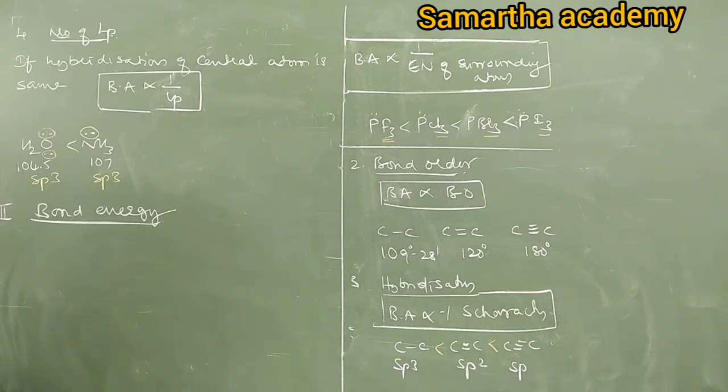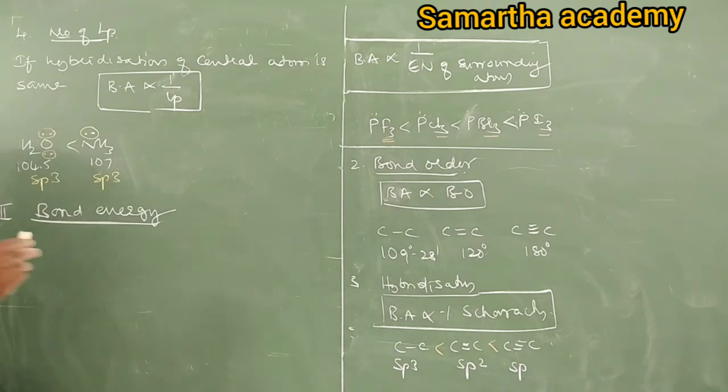Bond formation energy we have already studied, the enthalpy of formation. When 2 atoms approach each other, some amount of energy is released and the bond is formed. So a bond is always formed by releasing energy. It is also bond energy, but here we study the reverse. So bond energy can also be taken as bond dissociation energy.